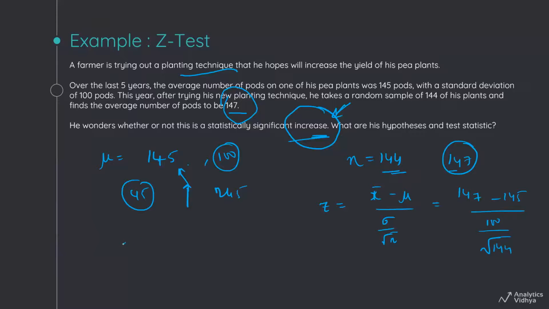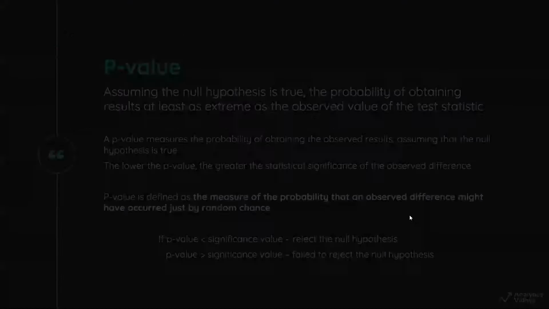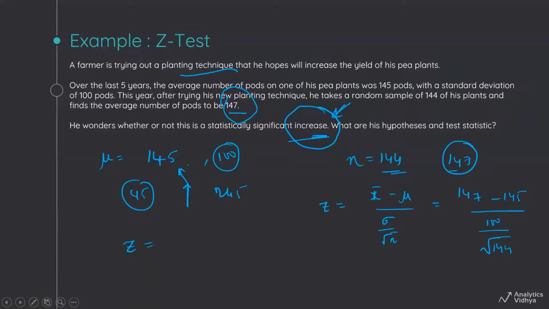Now if you calculate the z score, this would be around 0.24. Okay, now keep this aside. Till now, we have substituted our values in this formula.